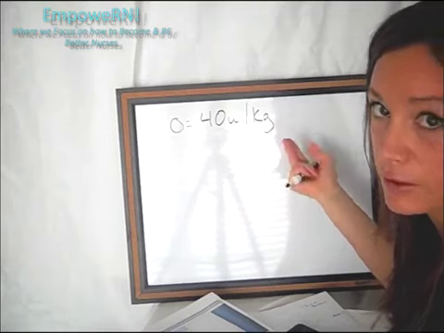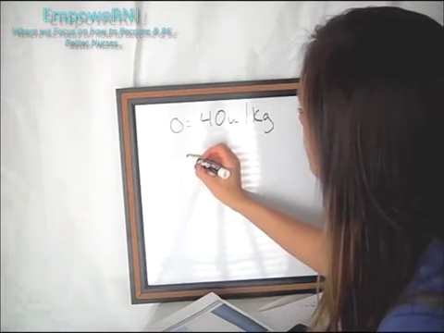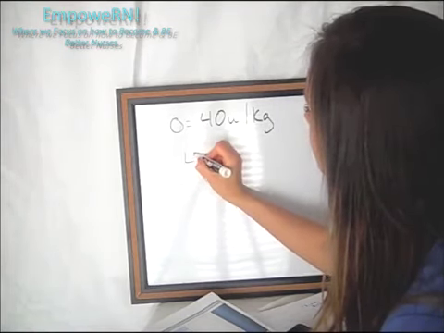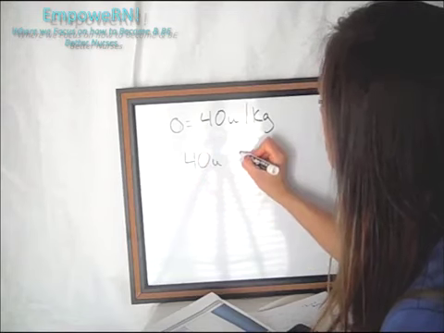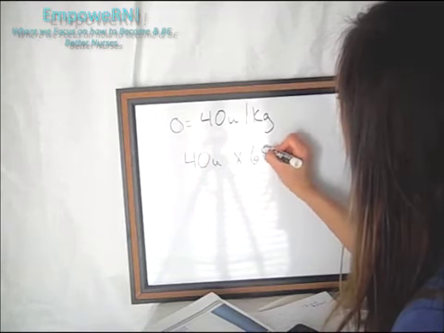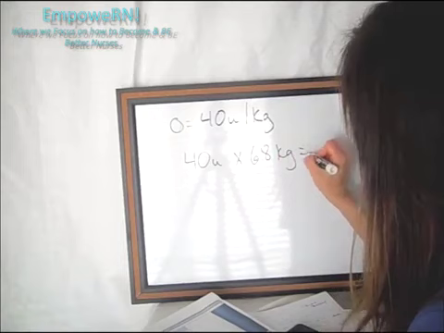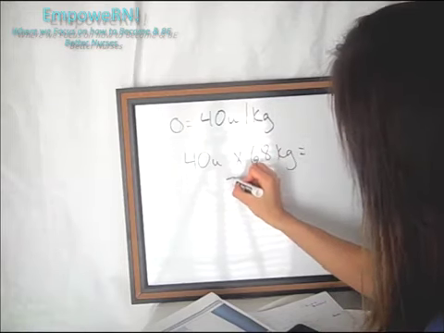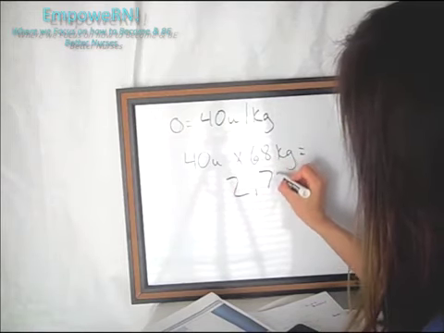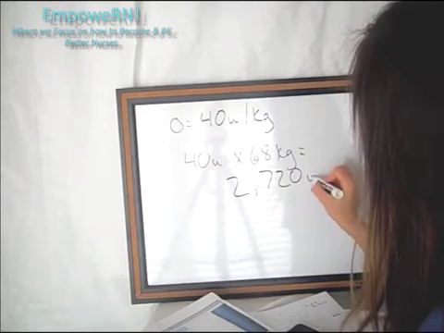So if we need 40 units per kilogram, then what is our patient's weight? That's 68 kilograms. So what we do is we just take 40 units times 68 kilograms, and we get 2,720 units.